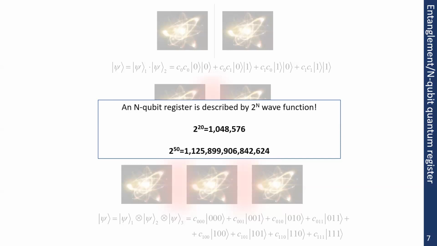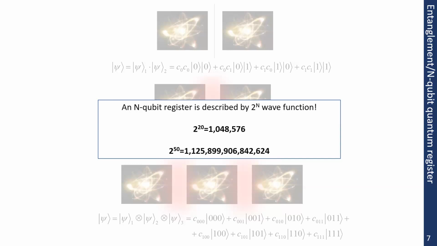And for example, in the case of 2 to the power of 50, so it's a 50 qubit system, you get thousands or millions of terabytes, right? So it's a really huge number. So you cannot even save the record in the memory, right? You cannot record such a large number of quantum states in the memory of a typical classical computer.